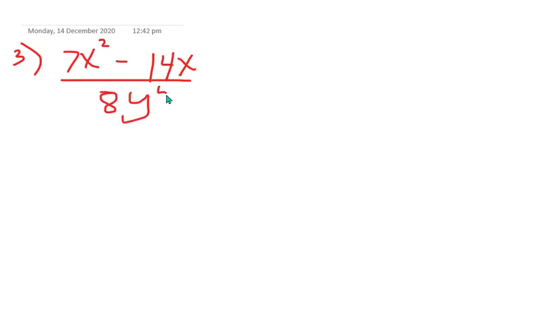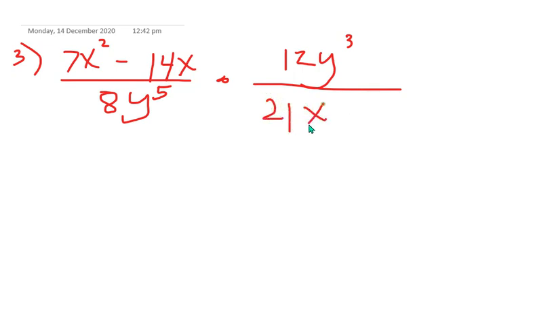Okay. So if we have (7x squared minus 14x) over 8y to the fifth, times 12y cubed over (21x squared y minus 28xy squared).